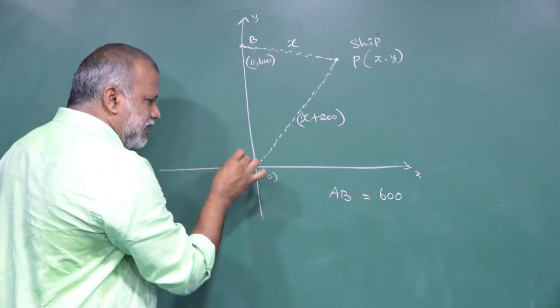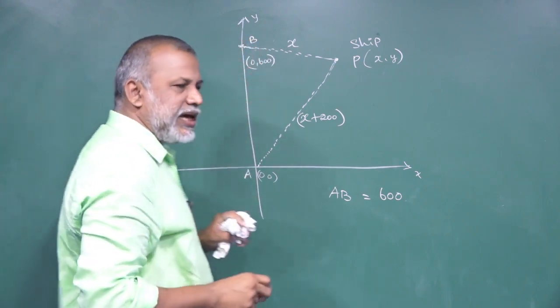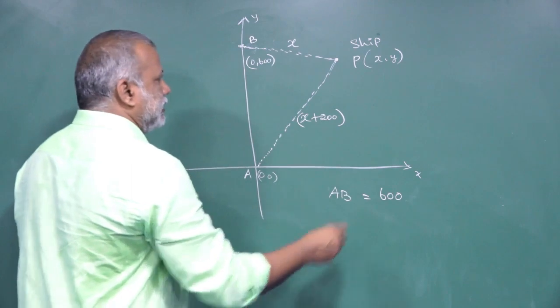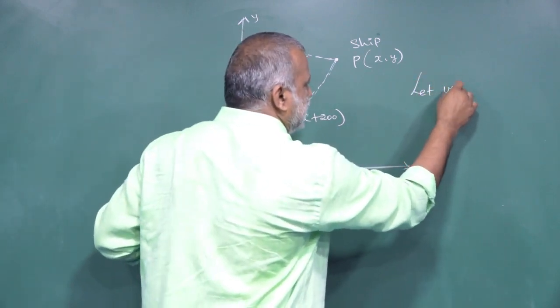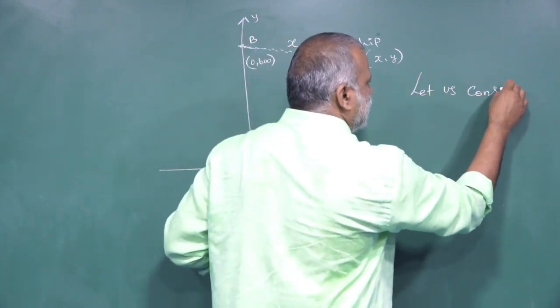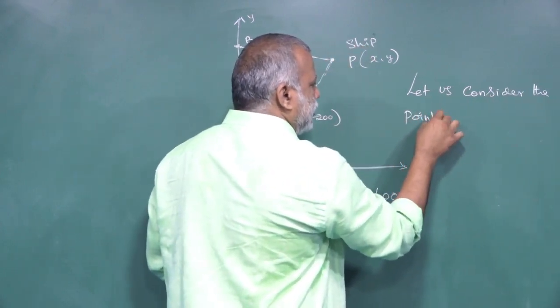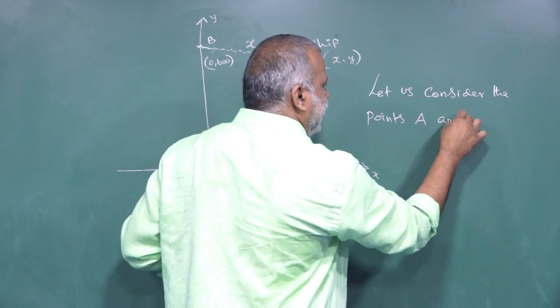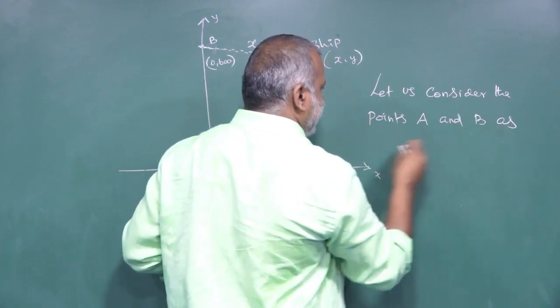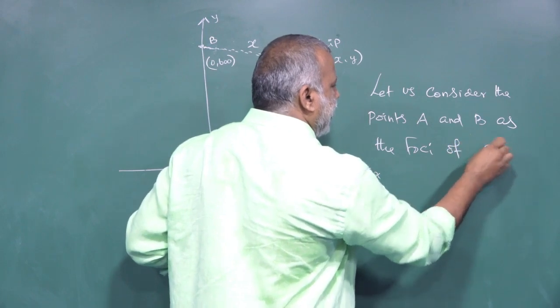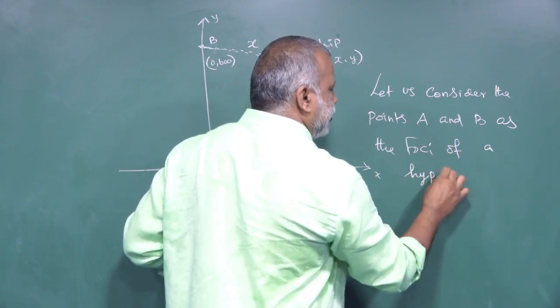So consider these two points as the two foci of the hyperbola. Let us consider the points A and B as the foci of a hyperbola. This is the logic we are producing.